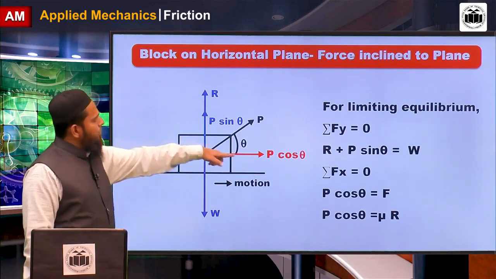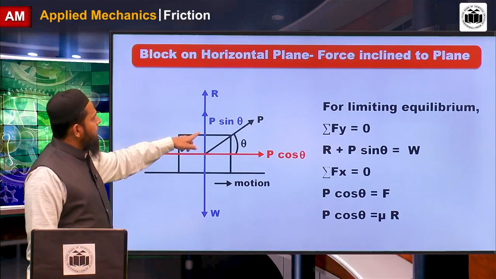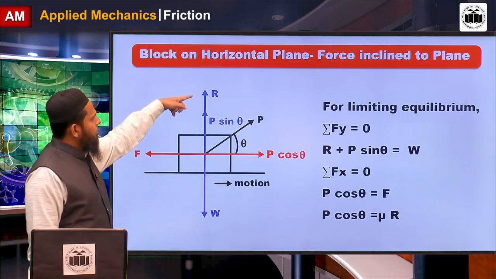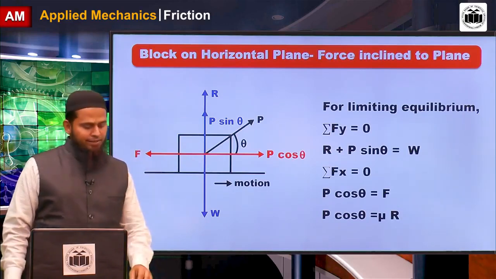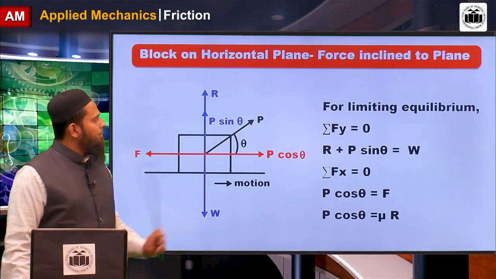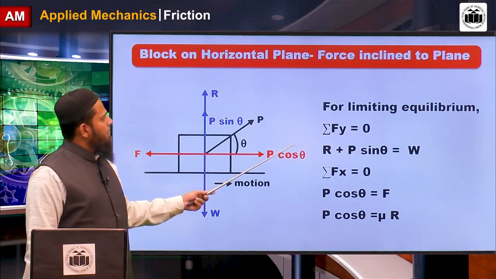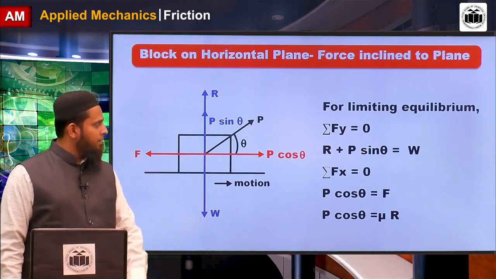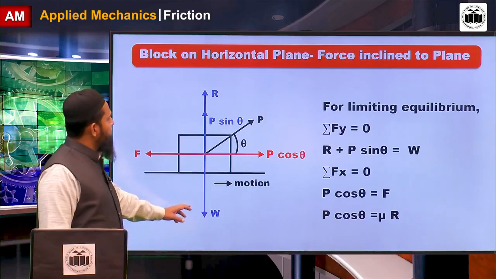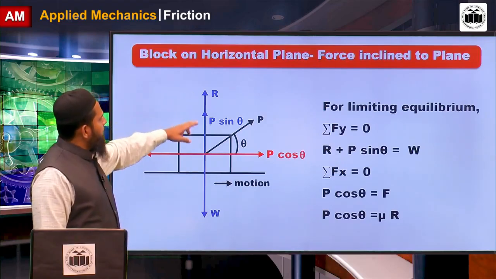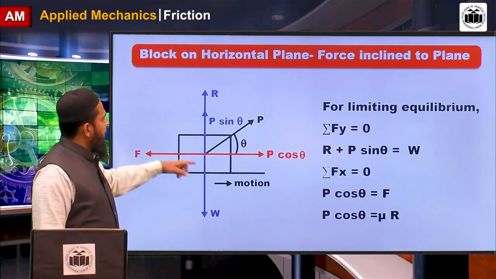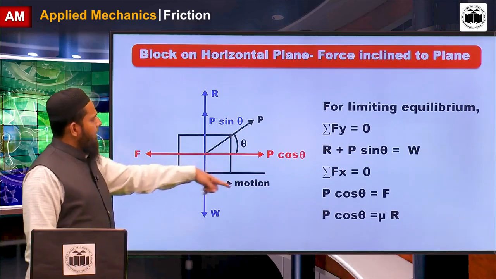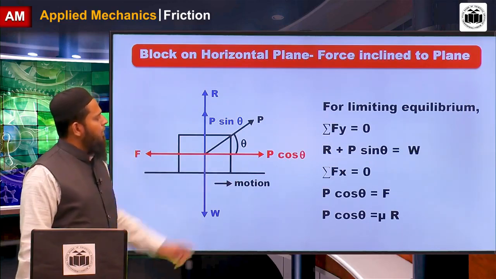Along the plane, the component is P cos theta, across the plane, component is P sin theta, with self weight W and normal reaction R, same as it is. Now, for limiting equilibrium, summation of Fy is equal to 0 means what? To balance W, R and P sin theta is there, and to balance P cos theta, F is there. F is equal to mu R.